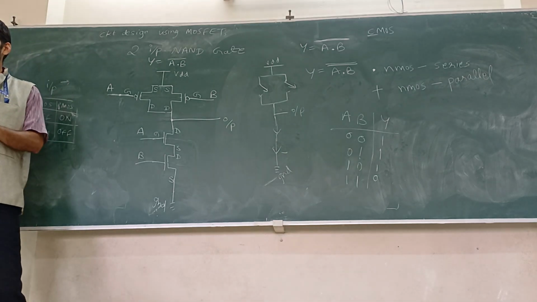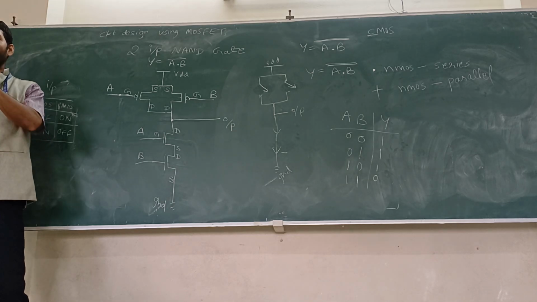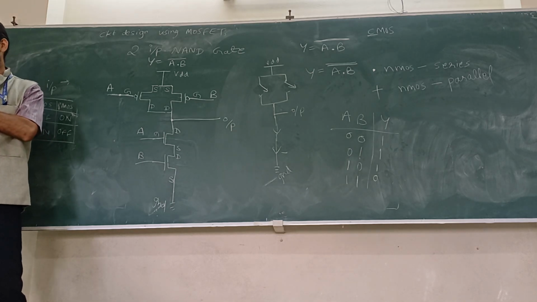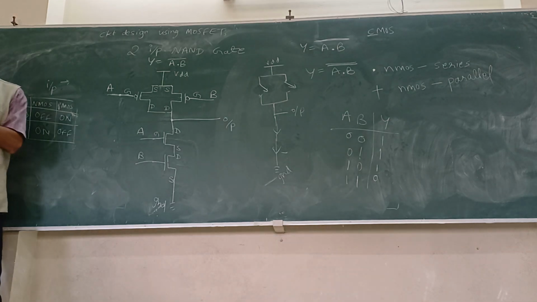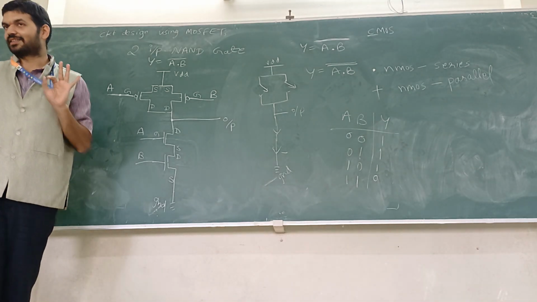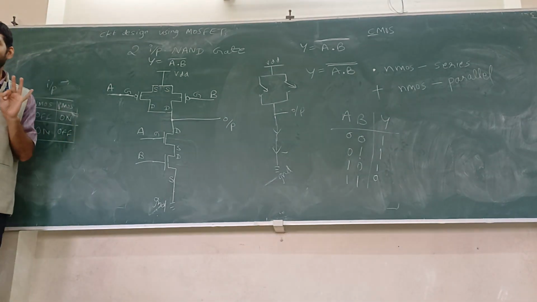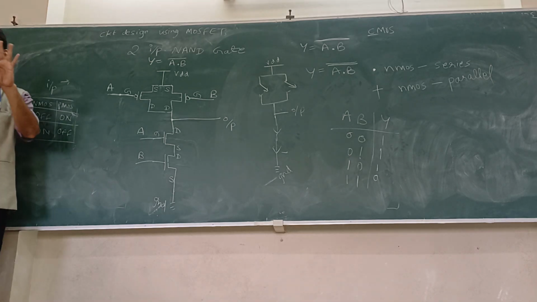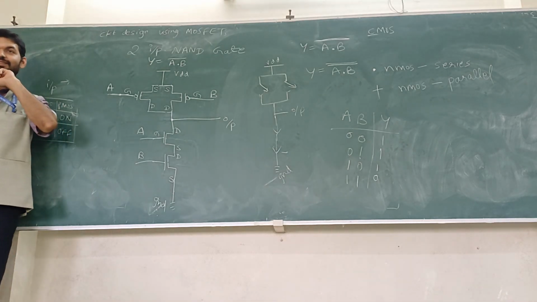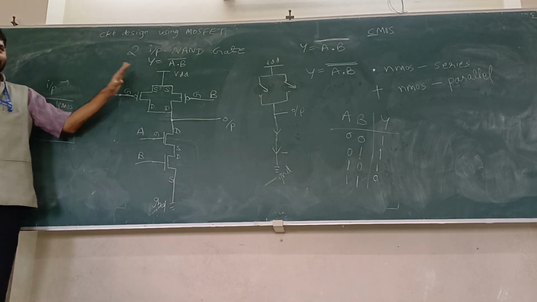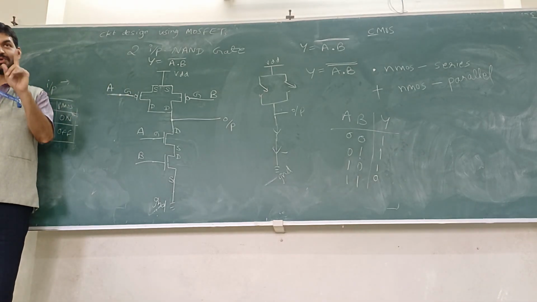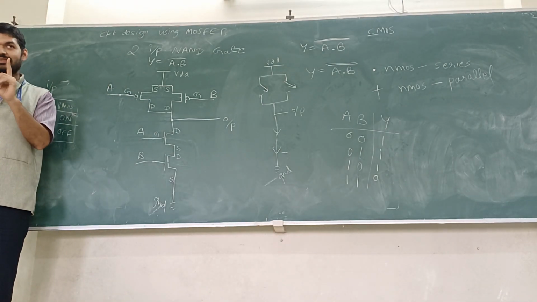If the question given is a 3 input NAND gate, what will you do? 3 inputs A, B, C. Simply take one more PMOS.